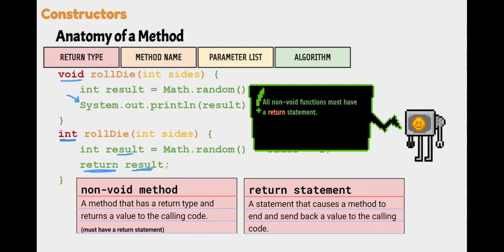So all non-void functions must have a return statement, that keyword return followed by some data to return, and it must be the last line in the method because the method won't do anything after it returns some data because its whole point is to return some data. So there's no need for it to process any more code after that return statement.